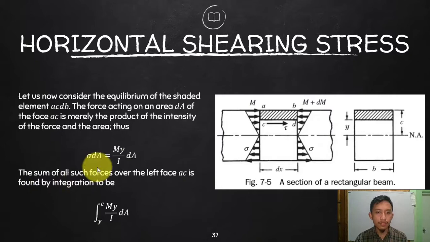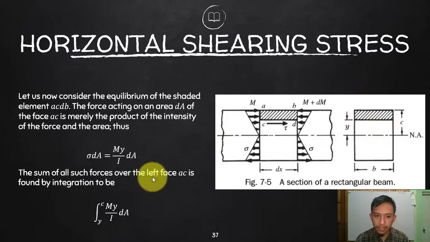The sum of all such forces over the left face AC is found by integration. For us to get the whole, this is a differential force due to that dA. Your area is small, so your force is also small. If you want to get the total force, all you need to do is apply integration. So you will have the integral of My over I times dA. We need to consider the limits, since this is the element under consideration.